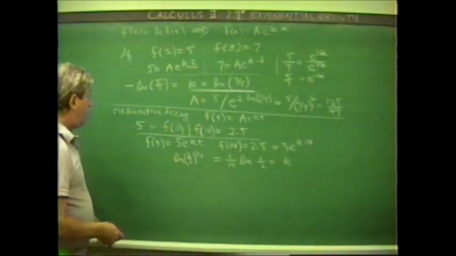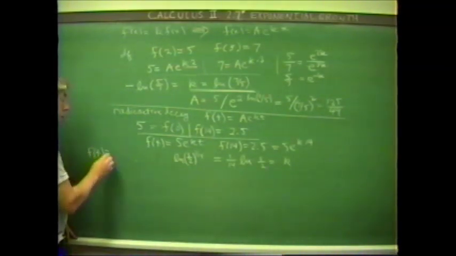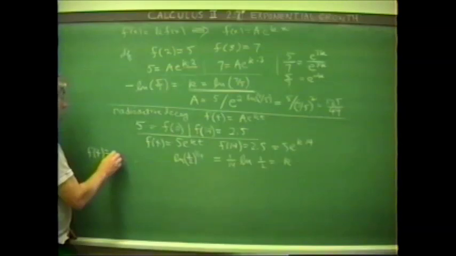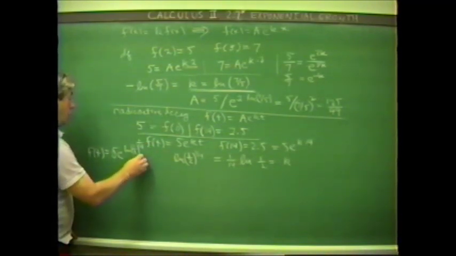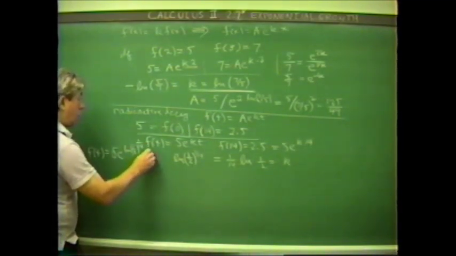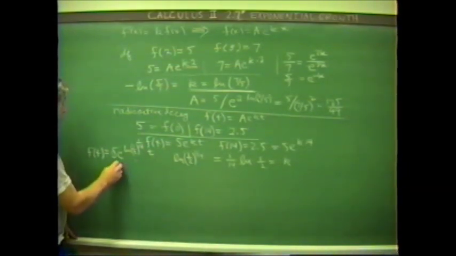So that we now write that f of t is equal to 5 e to the log of a half to the 1/14th power, times t. And here we can write e to the log of a half to the 1/14th as a half to the 1/14th.